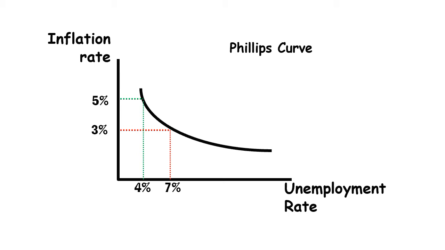So it says, look, if we're at 7% unemployment and the inflation rate's holding at 3%, if we want to lower unemployment to 4%, we've got to accept a higher inflation rate of 5%. And economists basically worked on the assumption for decades that this is the way the world in fact worked. And you were going to get more of one if you got less of the other.